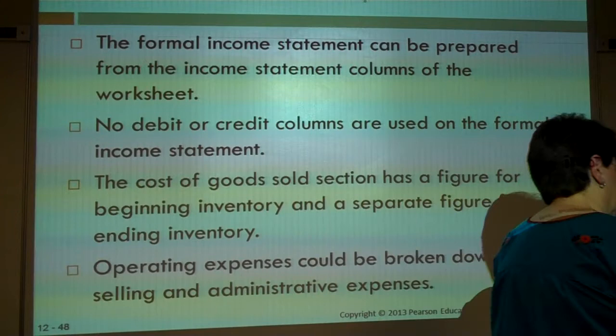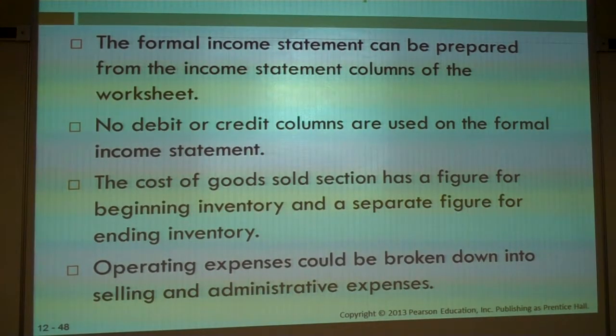You should have a worksheet, and then you should have the income statement, and then you should have the statement of owner's equity, and then you should have the balance sheet.